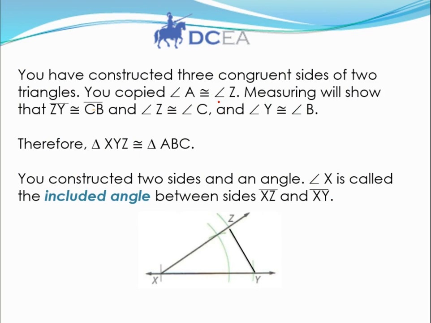For the next postulate that we're going to use to be true, the angle must be in between the 2 sides. So in this instance, we had copied angle X. We have our 2 rays, and the angle is in between.